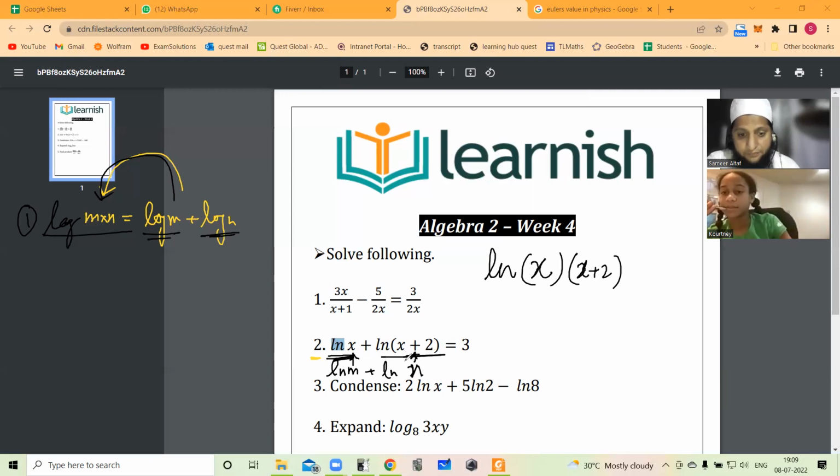Are you getting it? Is there any confusion here? Yes, I get it. So I'll be writing directly ln of x times x plus 2, and that is equal to 3. Now we have ln of x times x plus 2 equals 3. Did you do this in school? How will we get the answer after this?